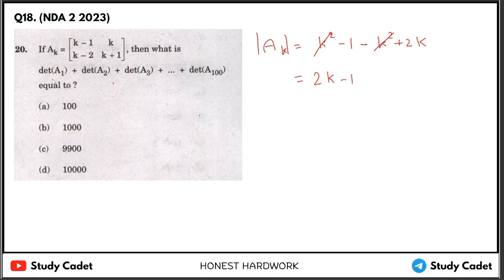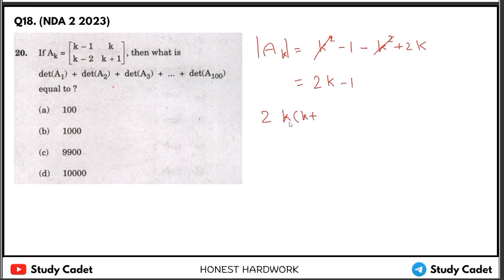We need to add all the determinants from 1 to 100, right? So the sum will be the summation of 2k minus 1 from n equal to 1 to 100, that is 2n times n plus 1 upon 2 minus n.